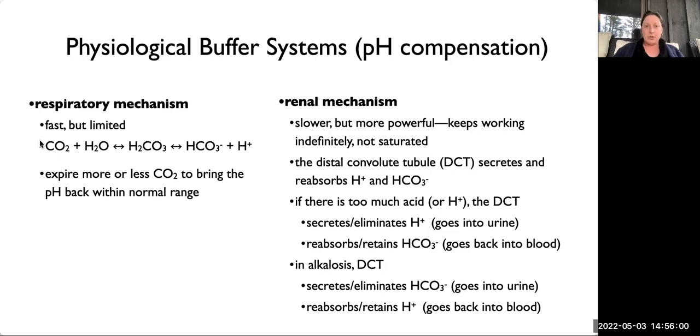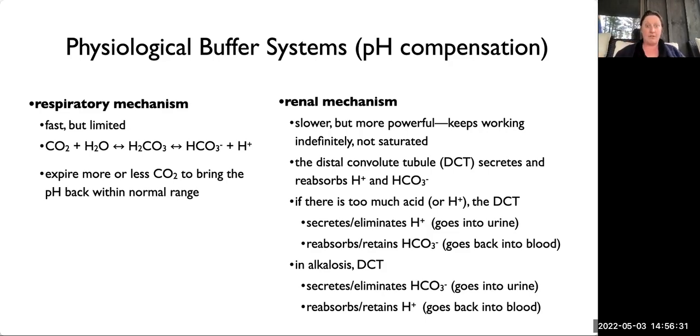What I want you to do now, as you're looking at this chemical reaction, is to equate carbon dioxide with acid. So if I have too much acid or too many protons in my body, then that's going to cause the law of mass action to push the reaction to the left, which generates more CO2. CO2 then can diffuse into the alveoli and be breathed out.